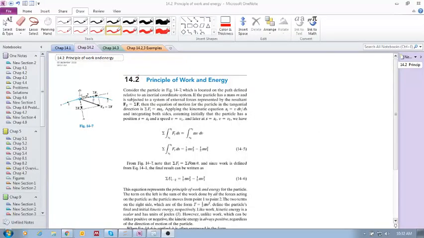Okay guys, let's move on to 14.2, Principle of Work and Energy, and this is almost the focus of this section on chapter 14. Let's have a look at this diagram.